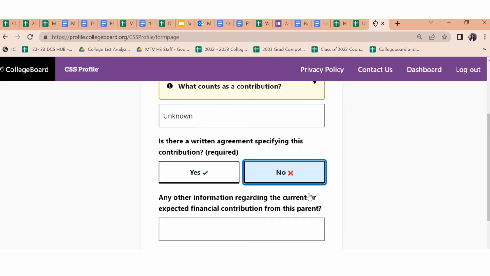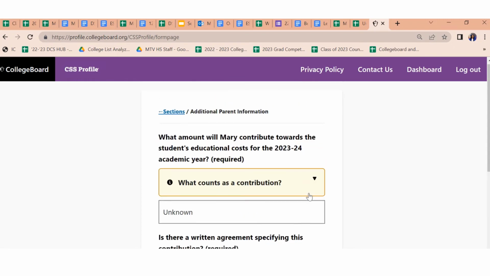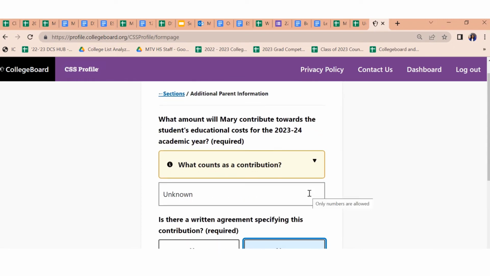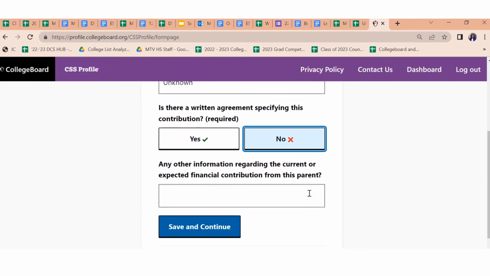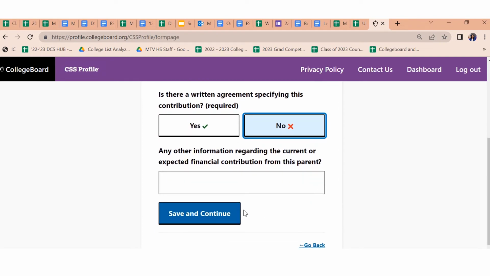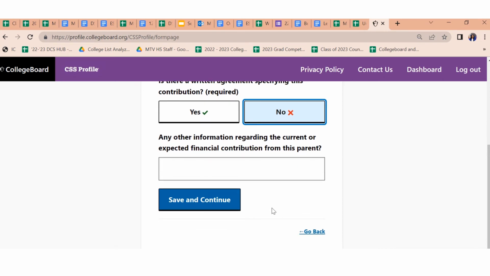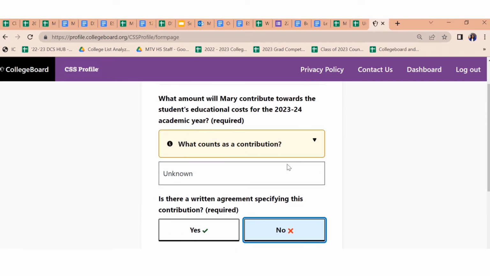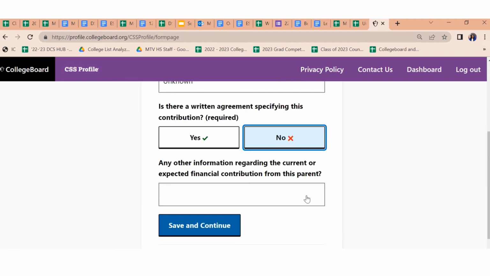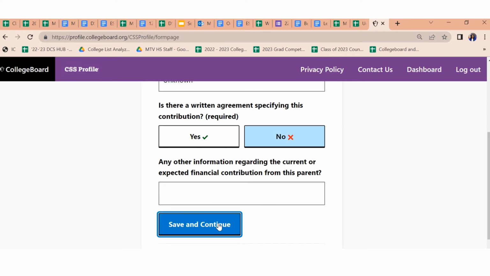If you do not have information about your non-custodial parent, we will talk about that in just a little bit, and you will be submitting a waiver on behalf of providing that parent's information. So for this example, we're going to stick with unknown, no, there's not an agreement, and then continue.